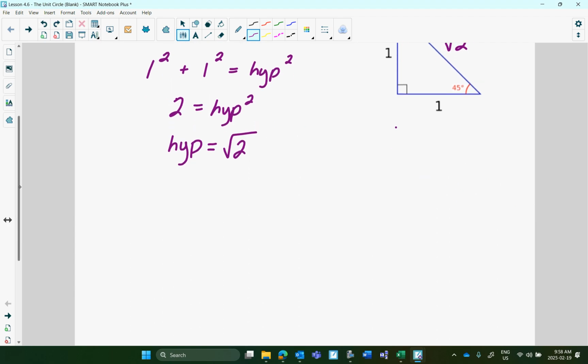So I'm just going to redraw that. We've got 1, 1. We found this to be root 2. These were 45 degrees.